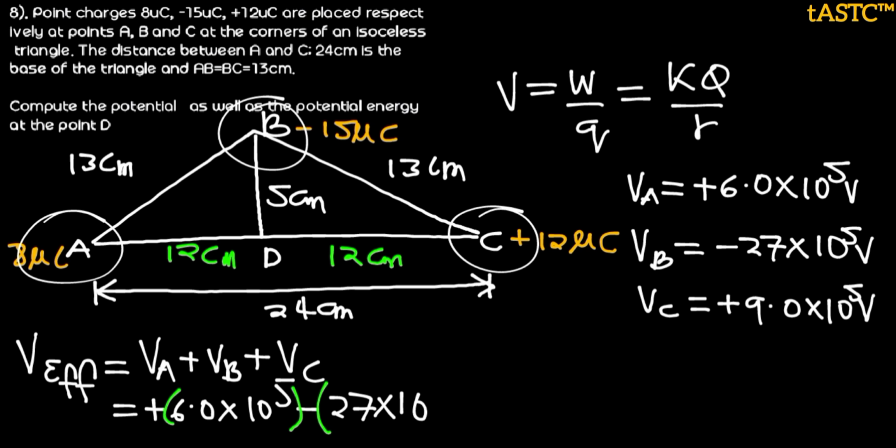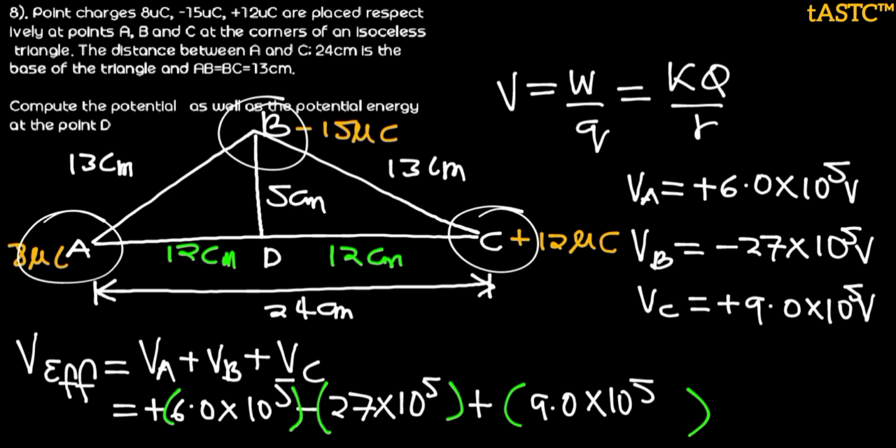So this is 10 raised to the power of 5. This is plus. I'm basically going to place this one here. So we got a 9.0 multiplied by 10 to the 5th.